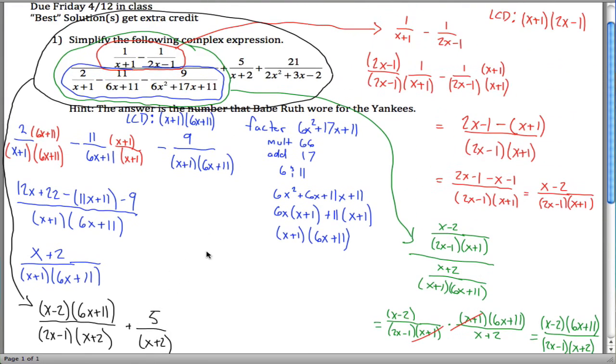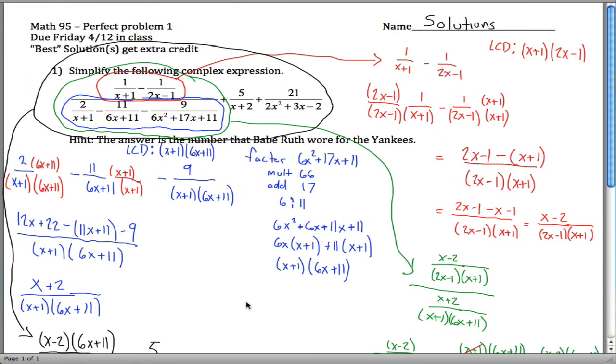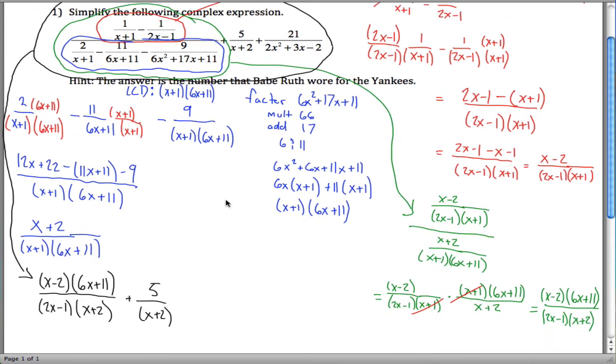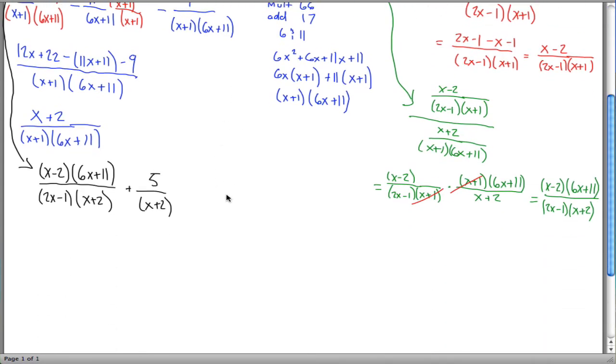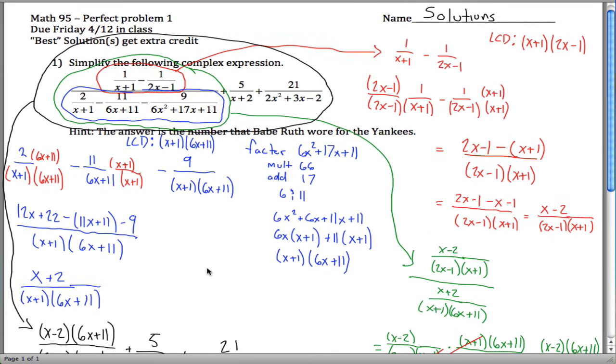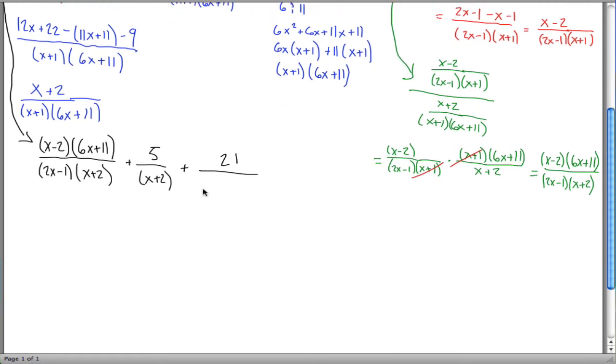And to that, we want to add 21 plus this mess. Sure, I'll just write it twice. 21 divided by whatever 2x squared plus 3x minus 2 is equal to.